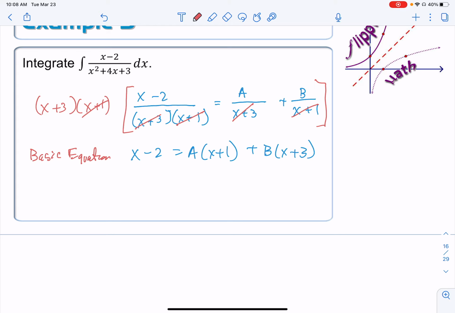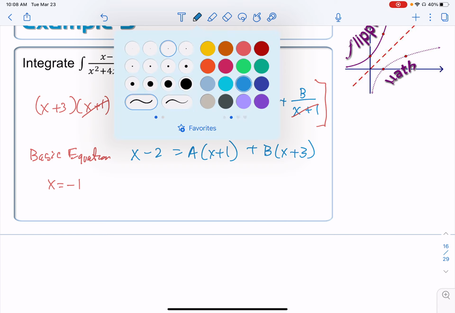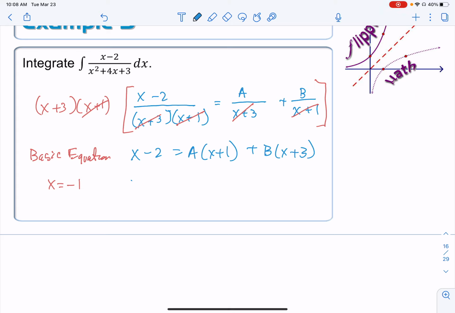We're just going to choose some super convenient x values so that we can make either the A or the B disappear. Let's start here. What can I let x equal? How about x is equal to -1? Everywhere there's an x, you substitute in a -1. We have -1 minus 2 is equal to, when I plug it in here, this is going to go to 0.